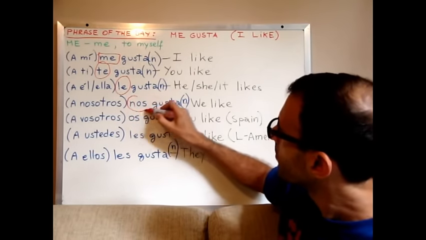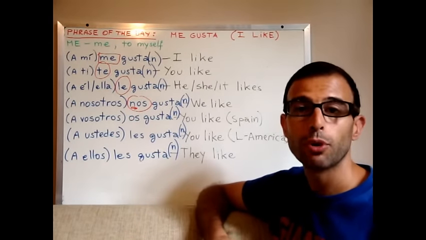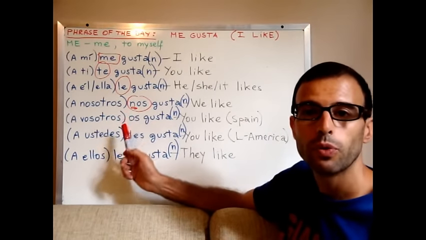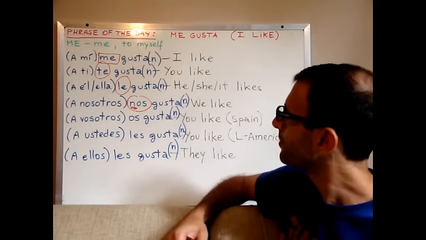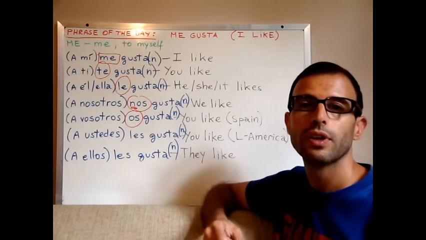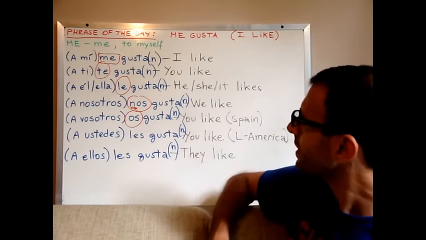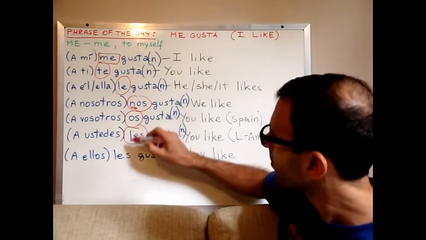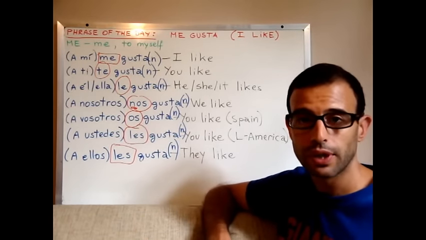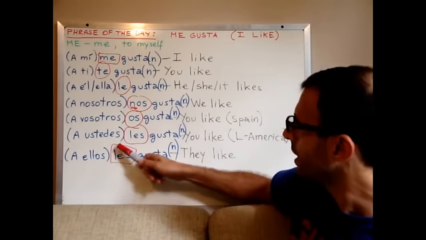Nos gusta, pay attention to the letter N. The letter N from nosotros or we, very easy to recognize which is the person. Os gusta, os is always you plural, right? The second person of the plural. And les gusta can either be ustedes, that is a you plural used in Latin America, or ellos, which means they, okay?